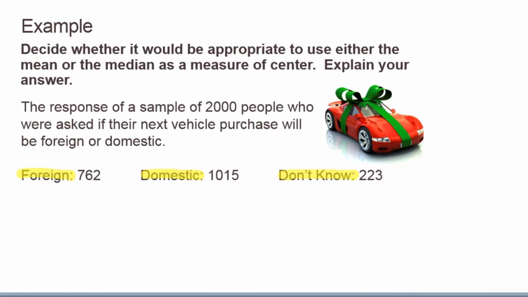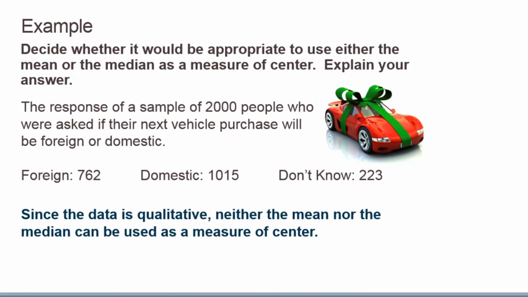We cannot add foreign, domestic, and don't know and divide by 3. We can do math with their frequencies, but not with the data. We can also not do math with the median. Since the data is qualitative, neither the mean nor the median can be used as a measure of center.